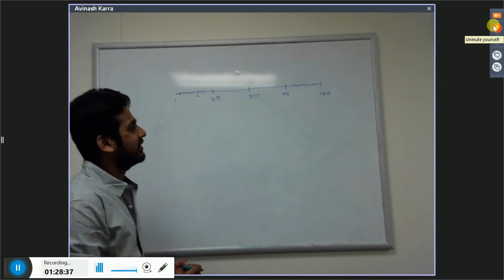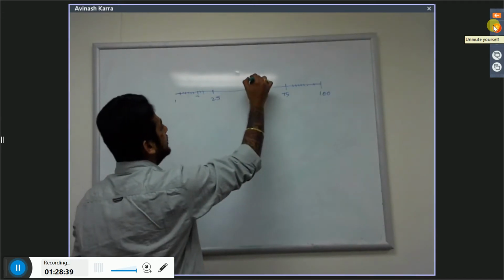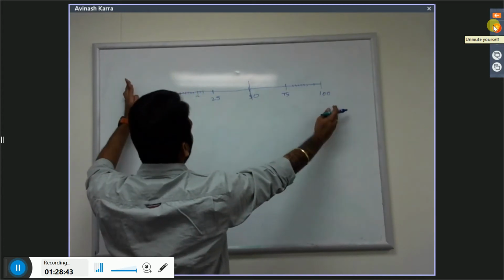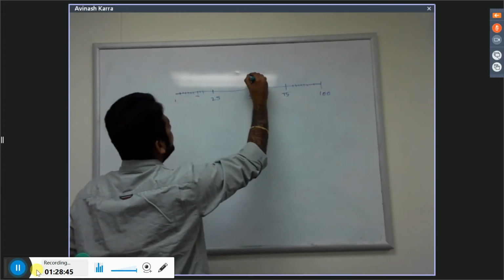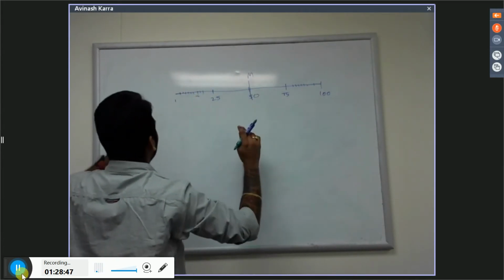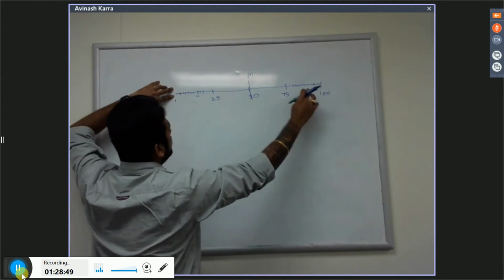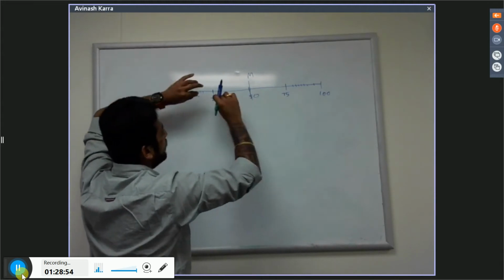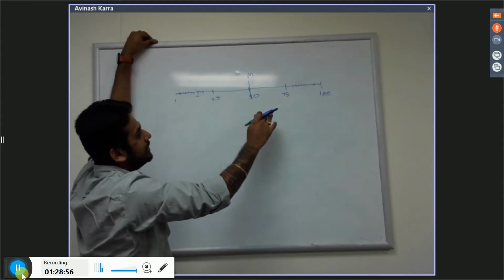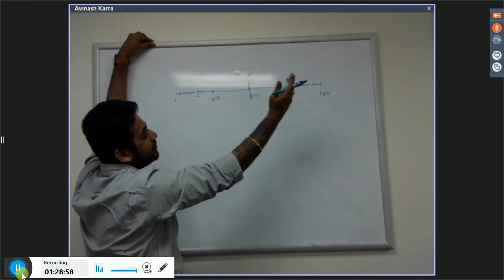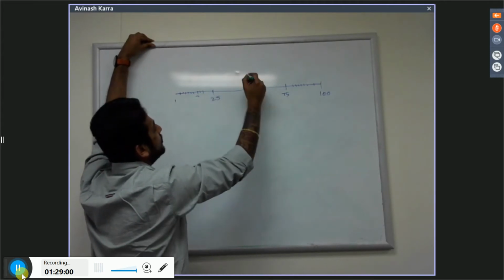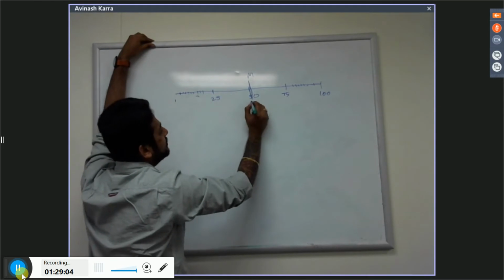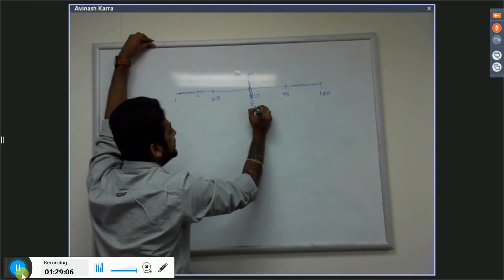You know what median is, right? Median divides the given data into two equal parts. So median lies at 50. Percentile is nothing but you will be having 100 parts. When you divide the whole sequence into 100 parts, median divides it into two equal parts. So median will be at 50. You can call it P50.